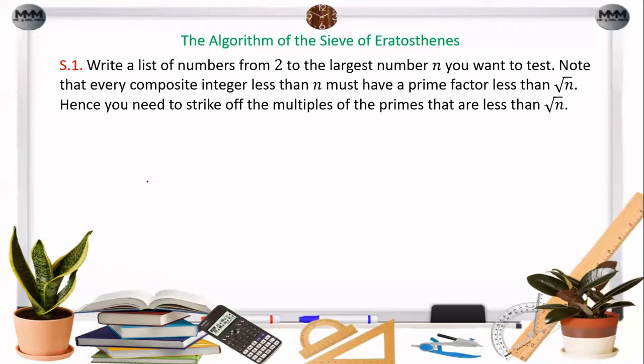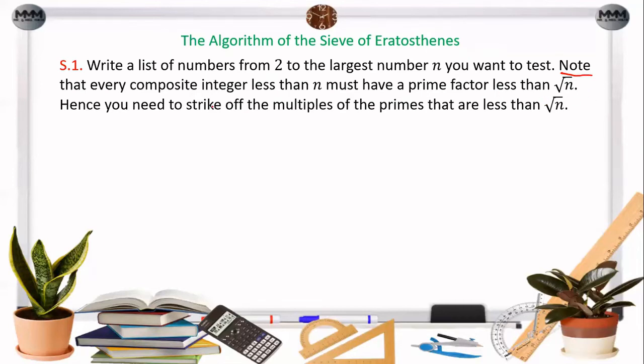Hence, you need to strike off the multiples of the primes that are less than the square root of n. Here, we use the previous theorem, that every composite integer less than n must have a prime factor less than the square root of n.